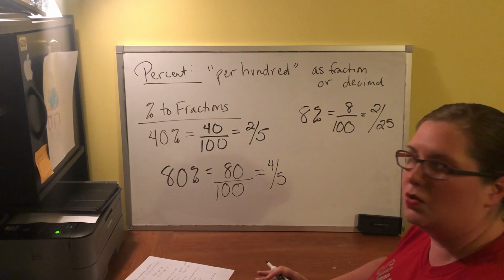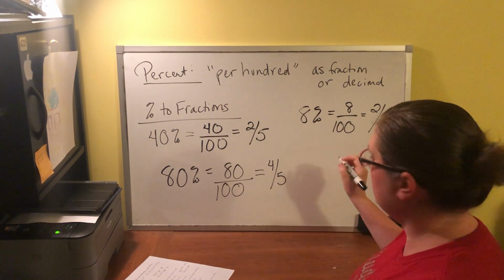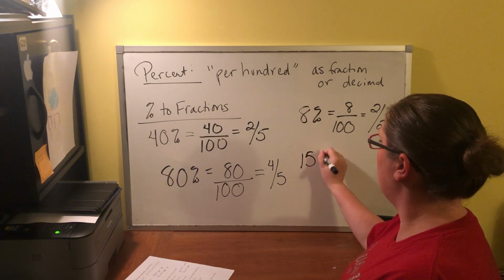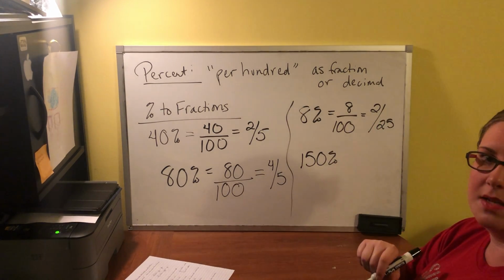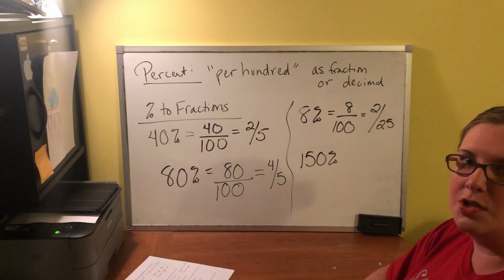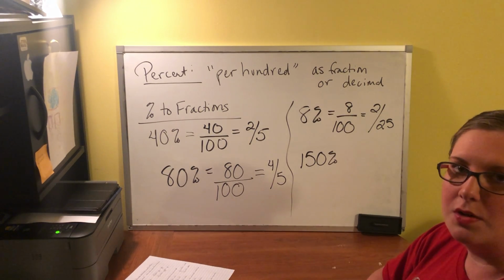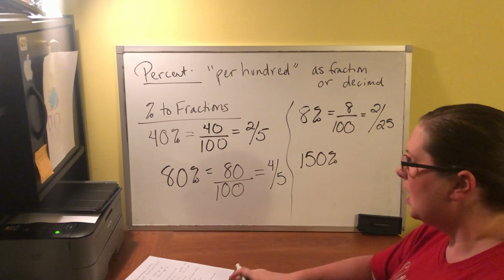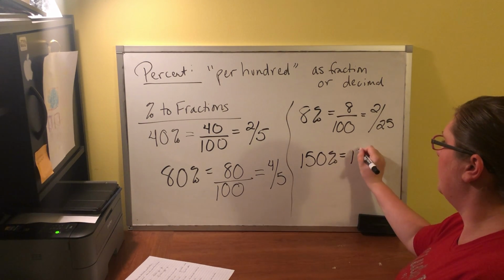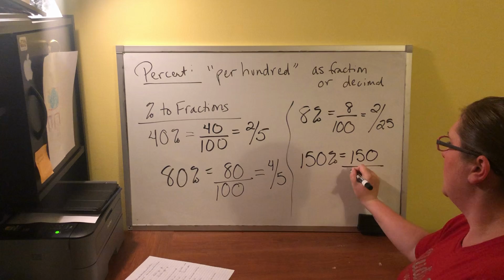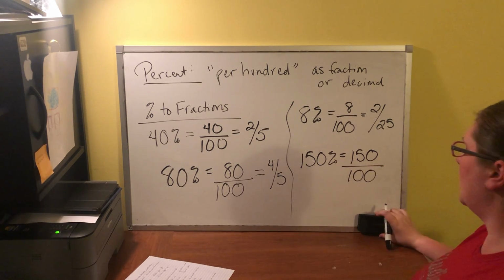The other option that you could see with writing these as fractions would be something that looks like 150%. So we can have percentages that are greater than 100. It can happen. So we're going to do the exact same thing we did before. The 150 becomes the numerator. It's still over 100.